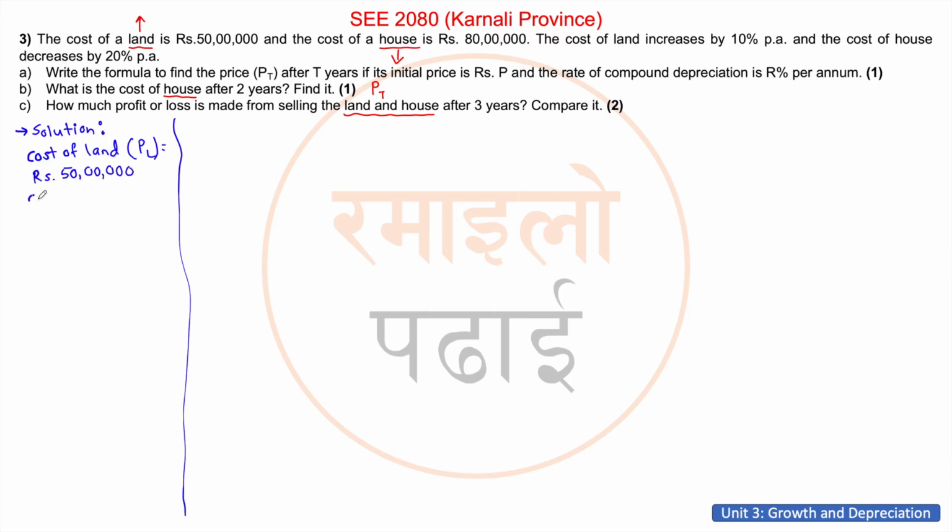Then the cost of house is given, cost of house, which we will write as PH, which is equal to Rs 80 lakh.